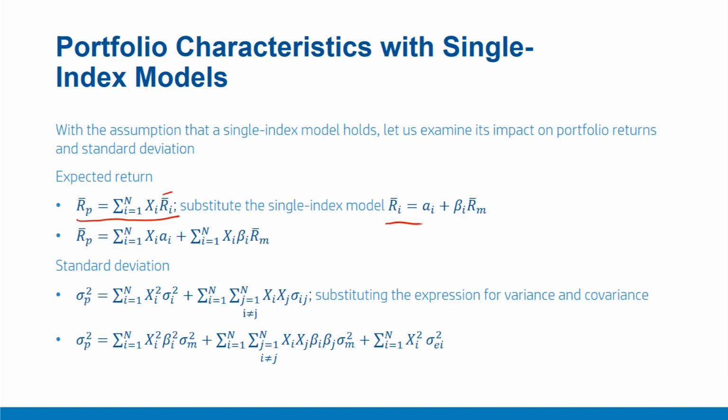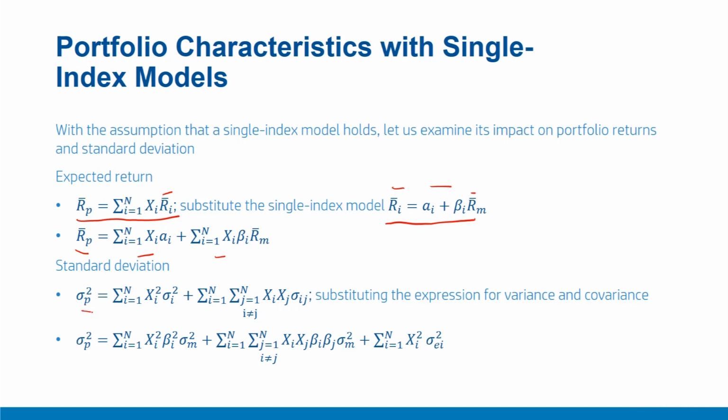The assumption here is that the single index model, which is Ri bar equal to Ai plus beta I times Rm bar, holds, where Ri bar is the expected return on the security and Rm bar is the expected return on the market. Substituting for this expression, the portfolio return expression becomes Rp bar equal to summation xi Ai plus summation xi beta I Rm bar.